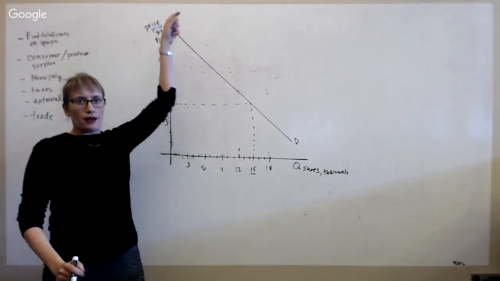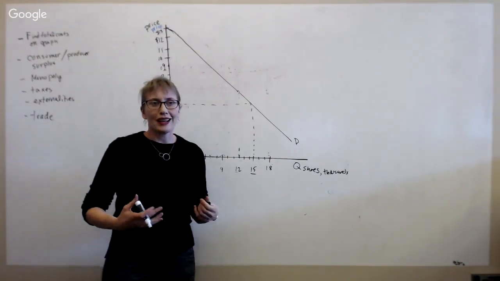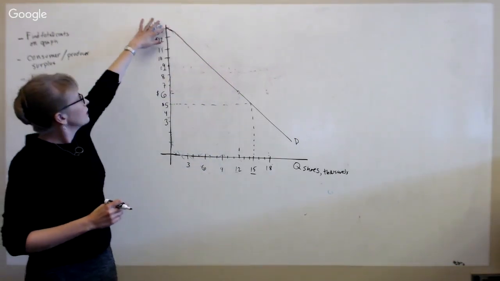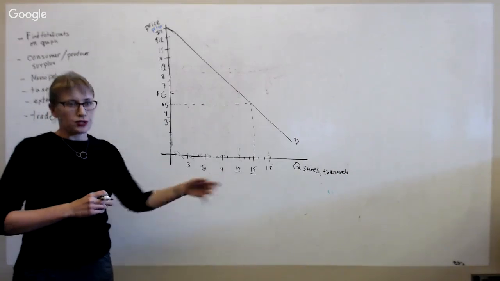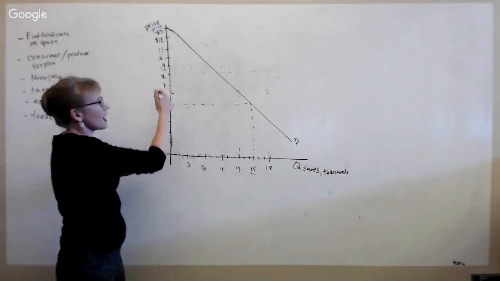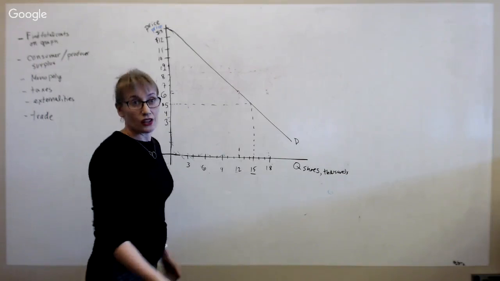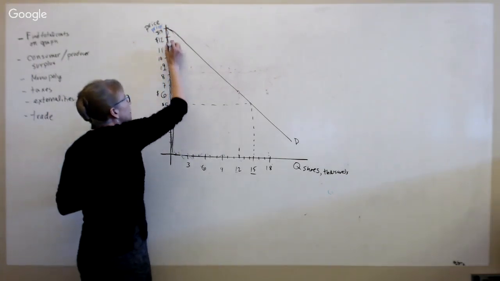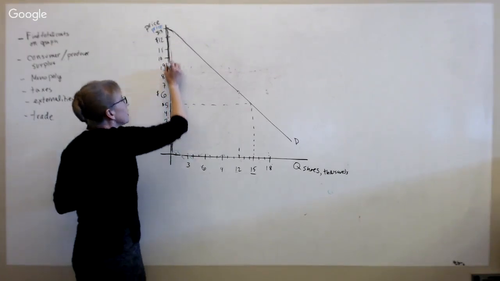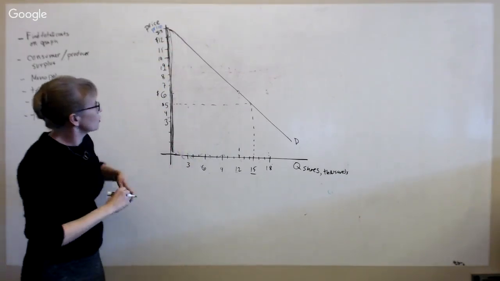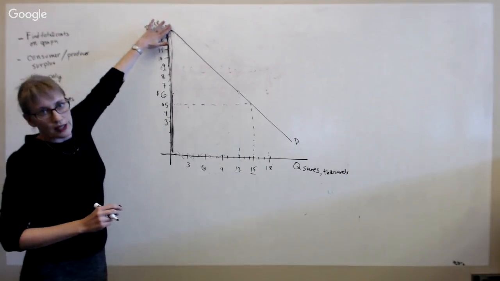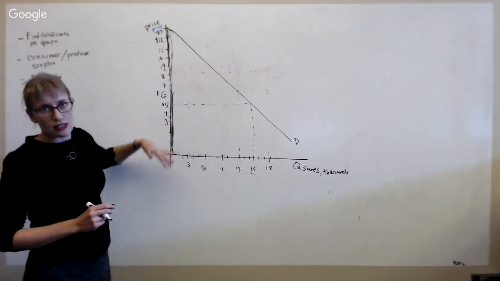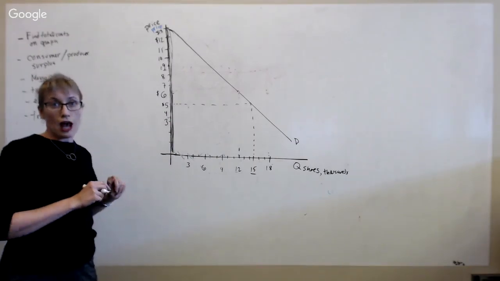These consumers up here are willing and able to pay a very, very high price for shoes. These consumers attach a high value to shoes, and we can represent the value that they place on shoes as the distance between the demand curve and our axis here. So these consumers value shoes a lot.